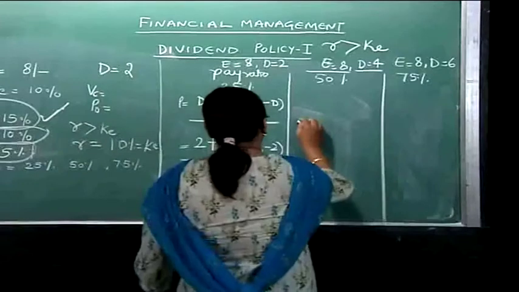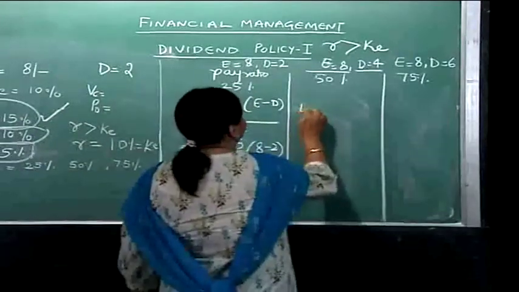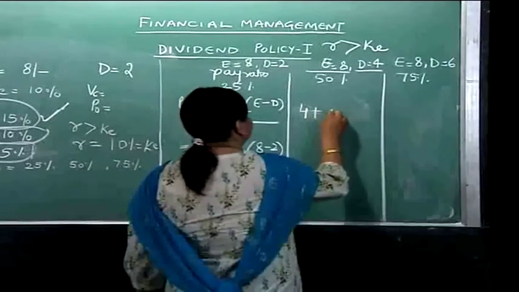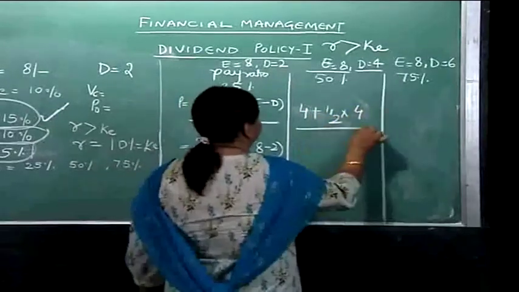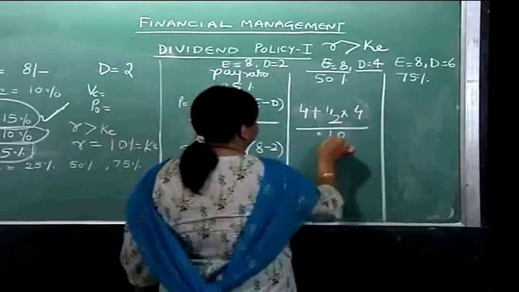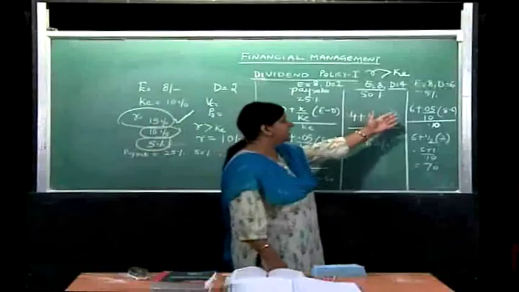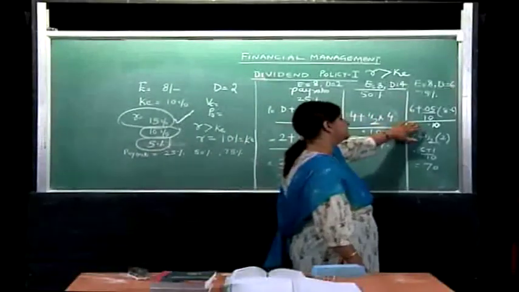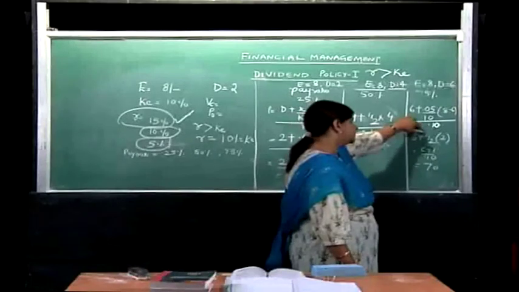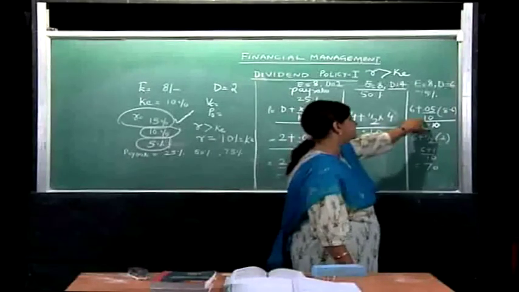Similarly, putting the values of D and E and R into the formula, we shall get it as 4 plus half into 4 divided by 0.10. So it will be 60 rupees. So in the last situation, where the payout is 75%, inserting the values into the formula of D is rupees 6, then R upon K is 0.05 divided by 0.10.